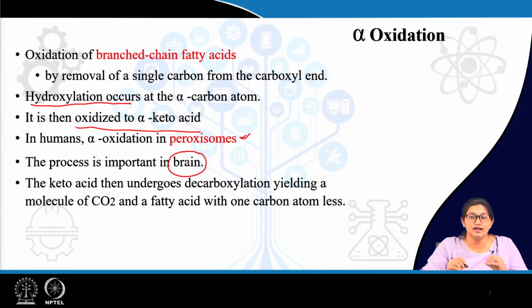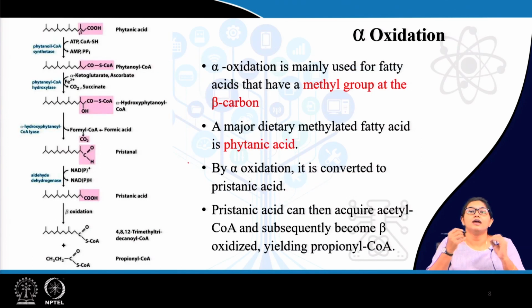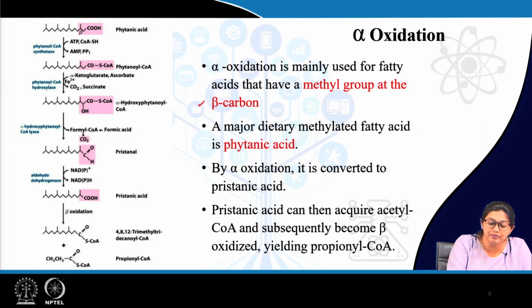Now, why is this alpha oxidation there? Why do branched chain fatty acids mostly undergo alpha oxidation? Because there are a few dietary branched chain fatty acids which have a methyl group on the beta carbon.